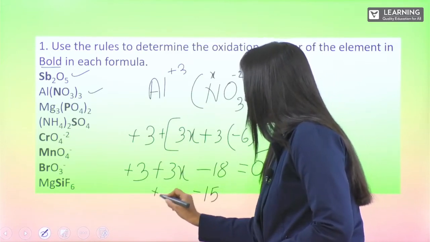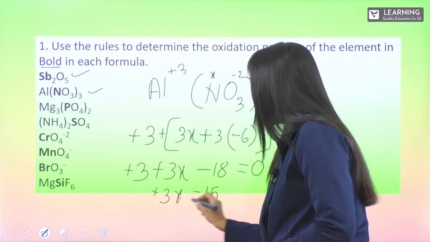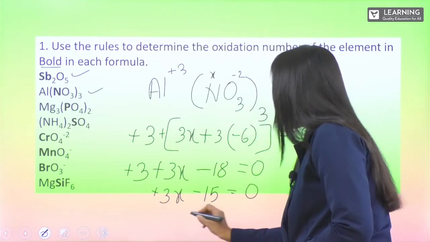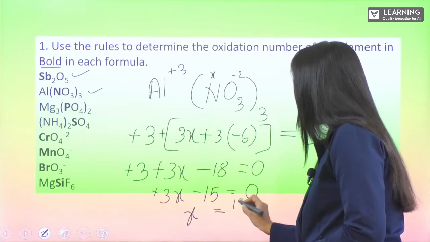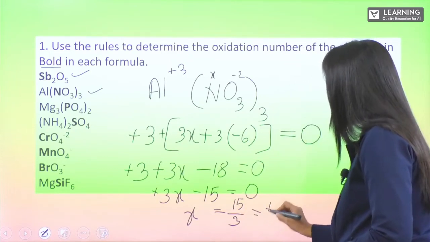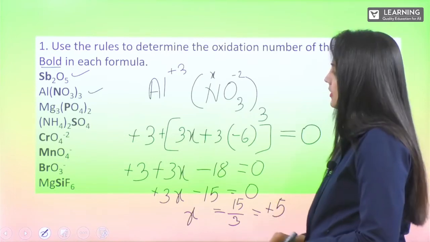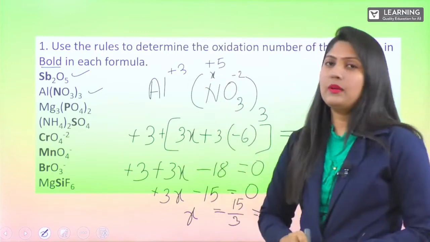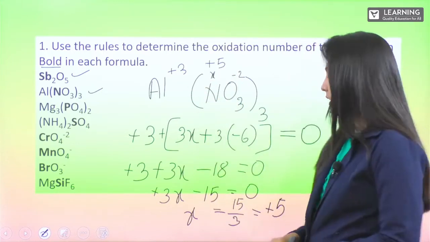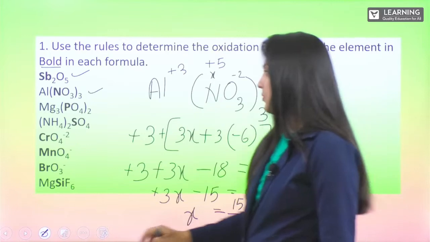Here we'll get 3x minus 15 equal to 0, where x will be equal to 15/3, which gives you +5. So nitrogen will have the oxidation number of +5. Understood, students? Is it fine? Fine.